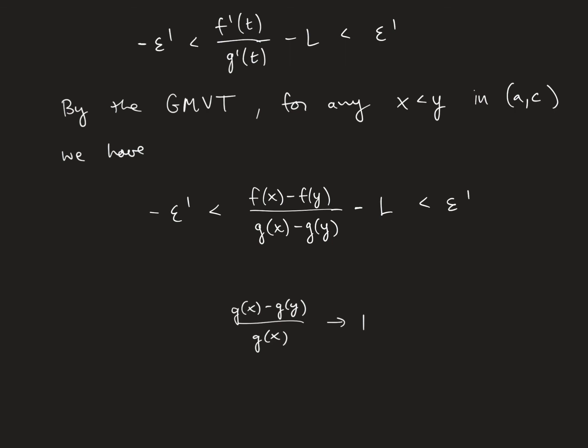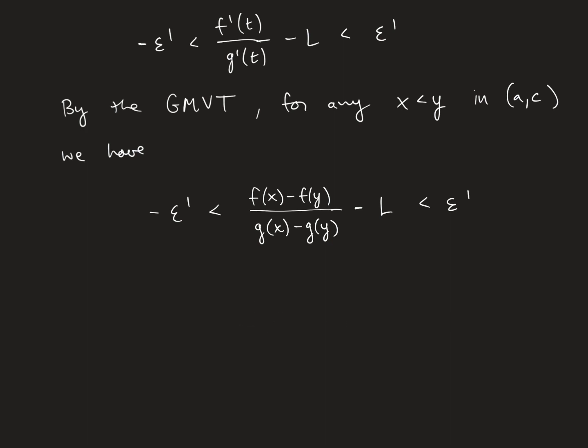And in order to multiply through by this quantity without changing things, we just need to prepare the way for that a little bit. We need g of x minus g of y to be positive and g of x to be positive to make sure this whole fraction is positive, which of course we can do because g of x is going to infinity.